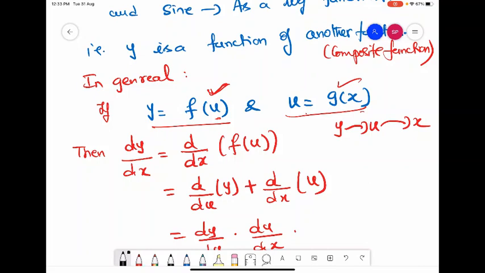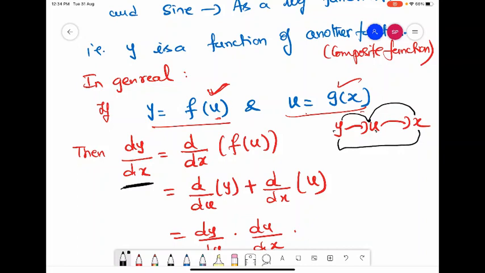There is no direct relation from y to x, only y to u and then u to x. But I want the derivative of y with respect to x. If I have to go from y to x, I have to go to u and then to x. I have to take a broken journey.